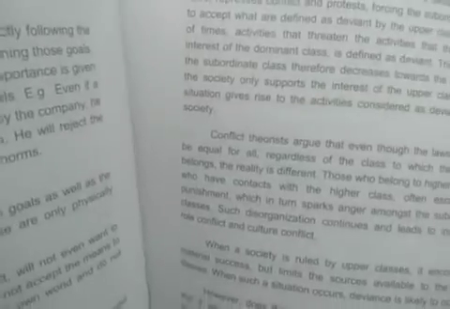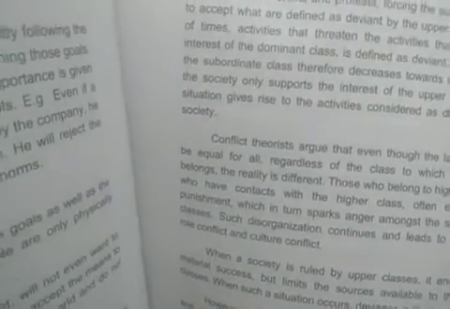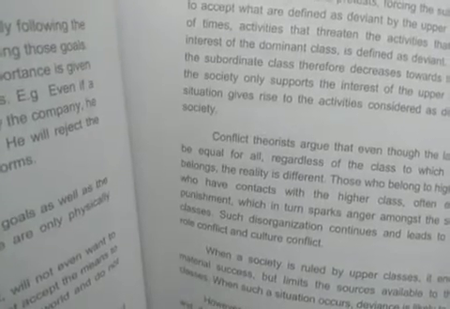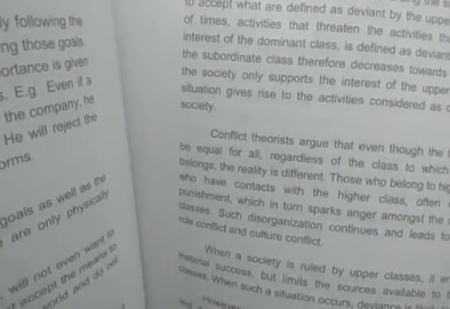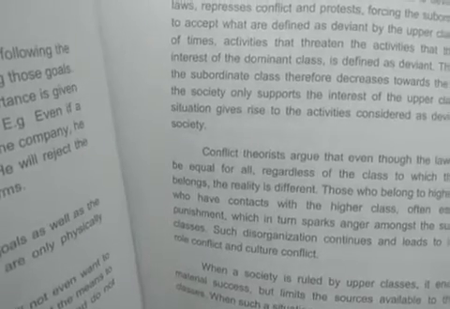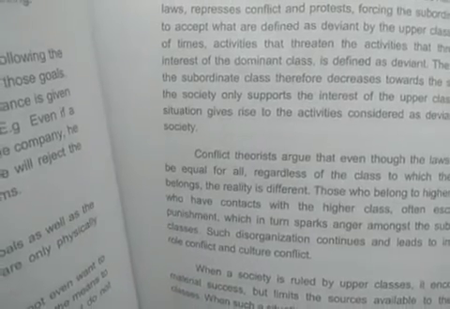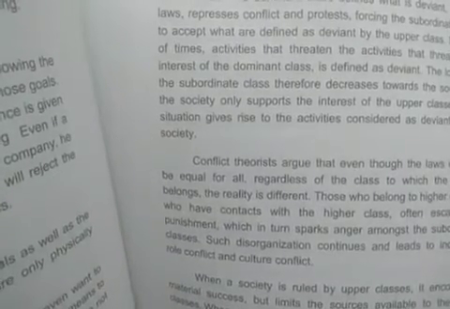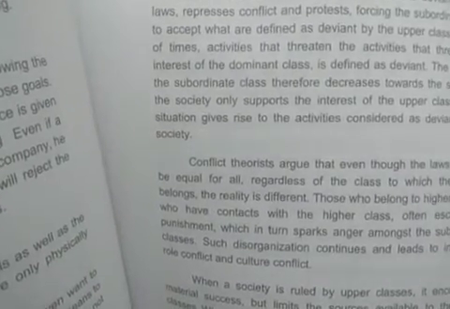3.4 Conflict theory. According to the conflict theory, every society is divided into classes. The dominant class defines what is deviant, applies the laws, and represses conflict and protest, forcing the subordinate class to accept what is defined as deviant by the upper class.